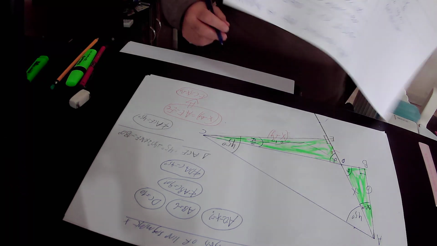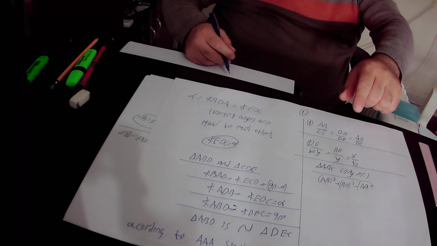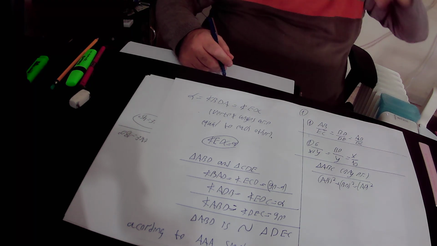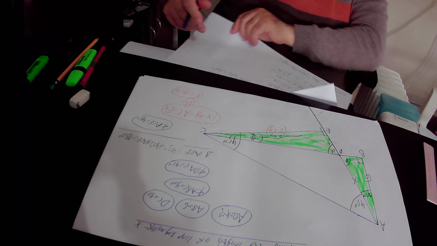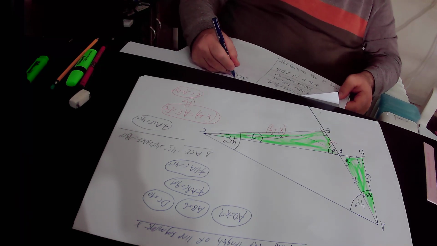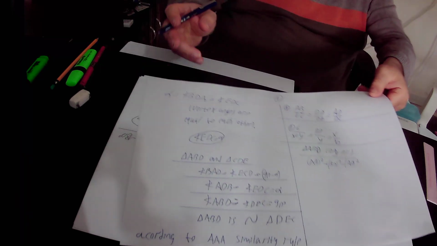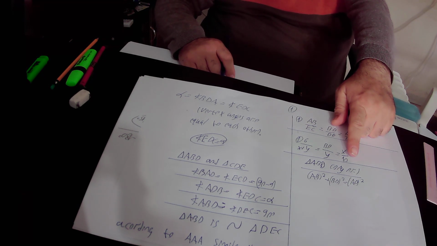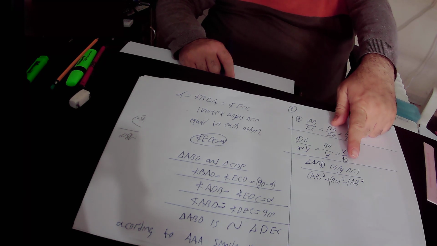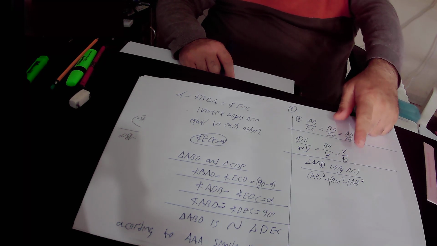I will repeat again, in the right green triangle ABD, by the Pythagoras theorem, AB squared plus BD squared equals AD squared.